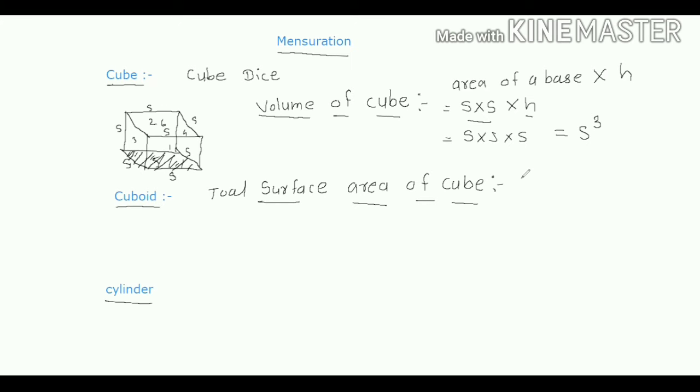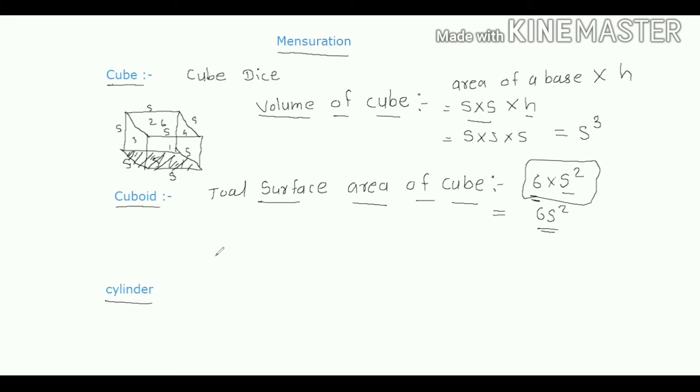So it has 6 surfaces. So 6 into side square, since the area of a square is side into side. So the formula for the total surface area of a cube is 6s square.